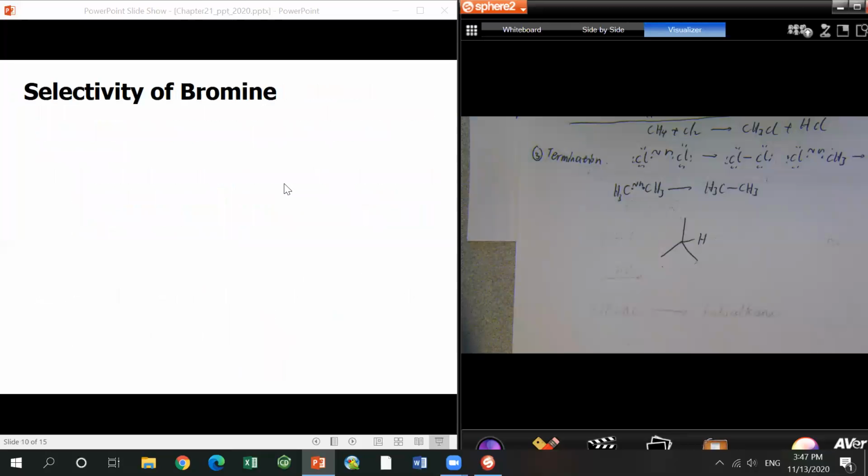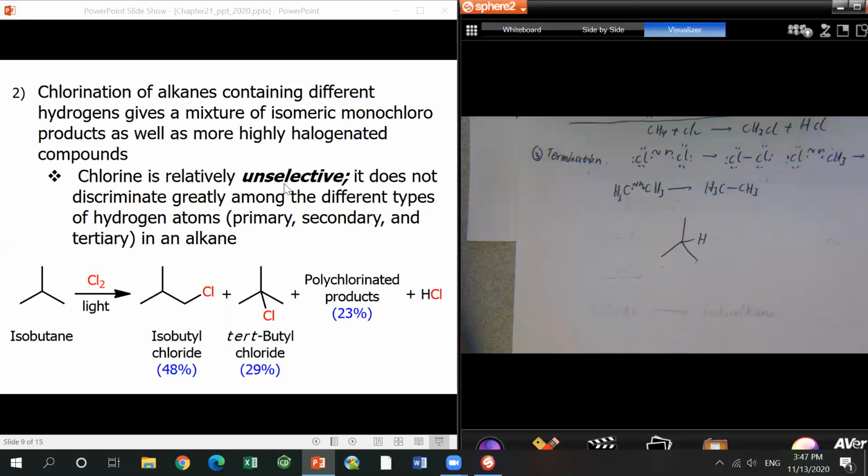The reason for that is that radical chlorination generates a lot of heat. If we draw the energy diagram, it's an exothermic reaction, and this heat pushes the reaction to happen quickly, and you just cannot stop it.